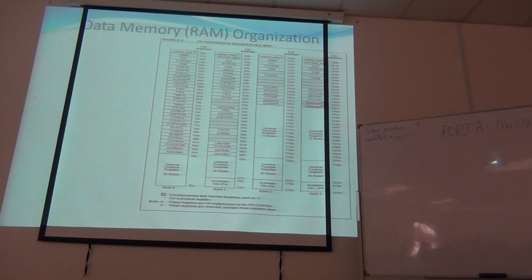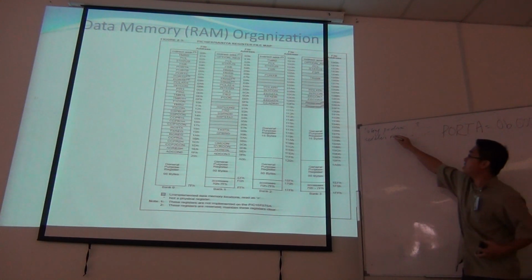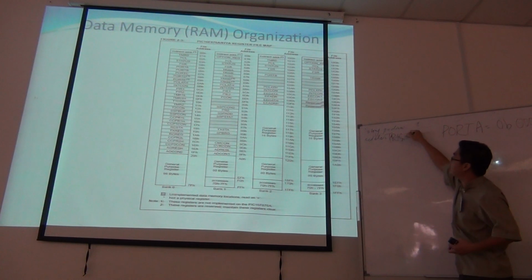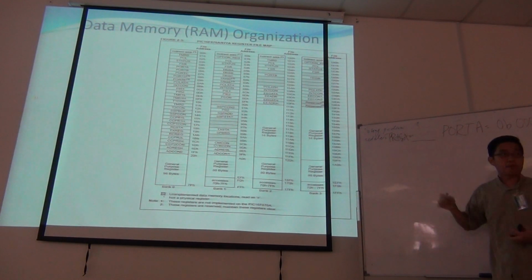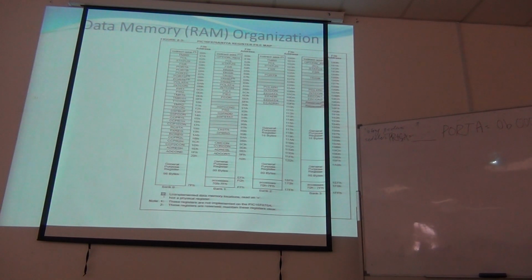Just now you learned about TRISA, which is to declare as output. So after TRIS, you normally have this particular command, PORT. What is the importance of this command? Declare the pin use. Any guess?